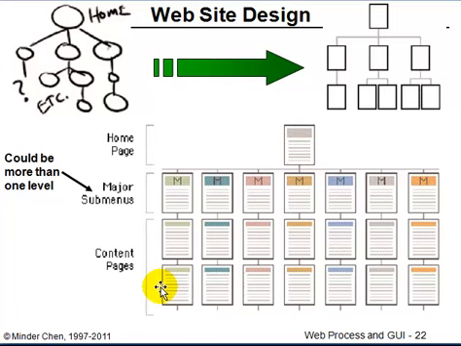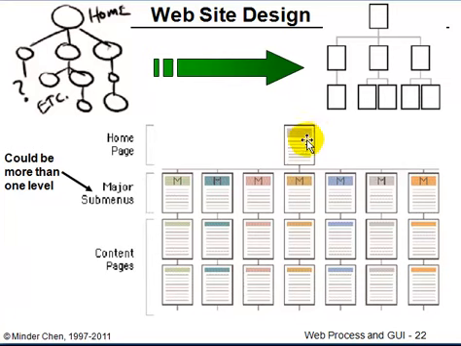Let's look at the website design and the principle behind it. The main focus of website design is on the structure of the site. We usually use a hierarchical diagram, a tree kind of structure, to indicate the organization of web pages.